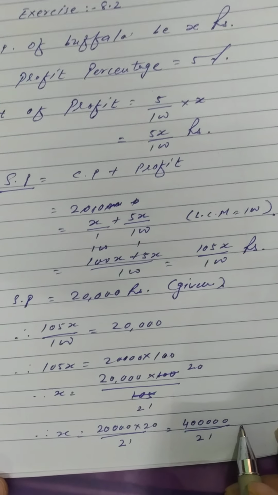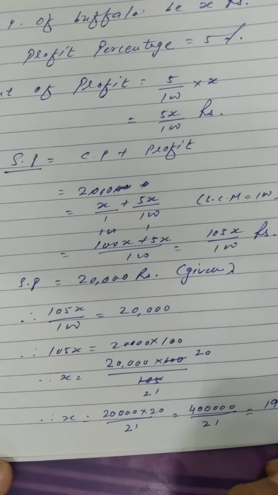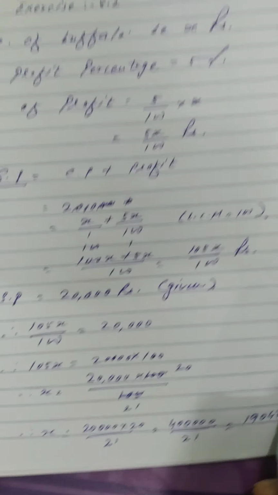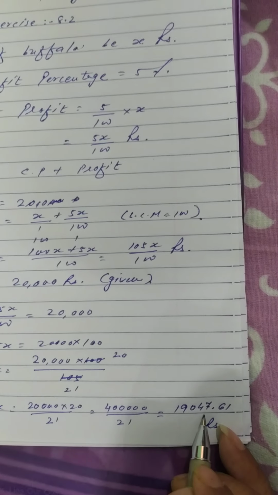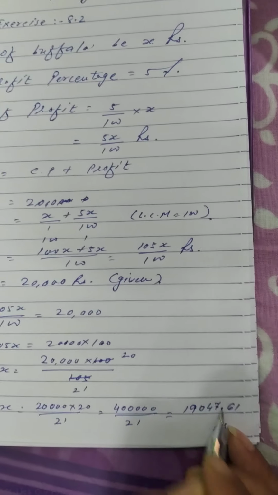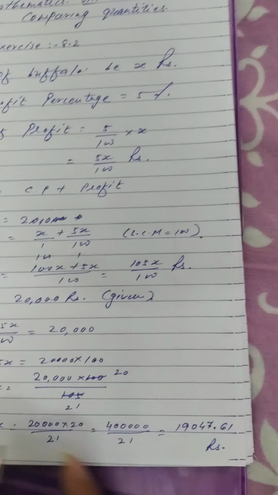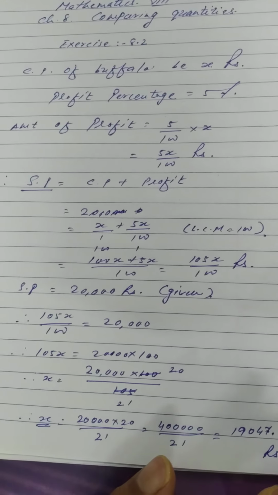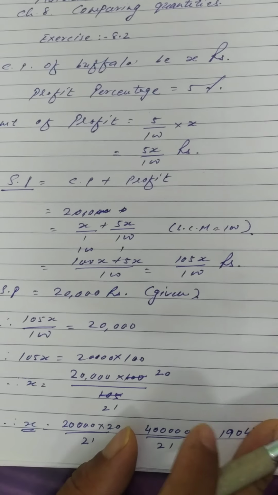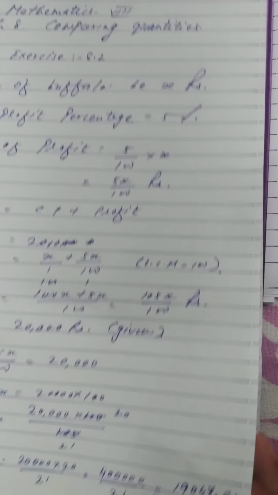So if we divide it, we get 19,047.61 rupees, right? What is it? X means what? Cost price, right? Now let's try for the next one.